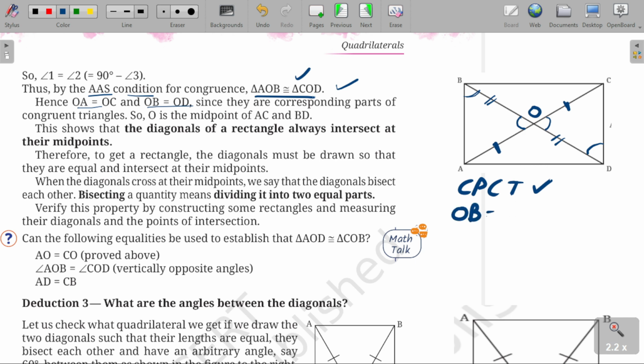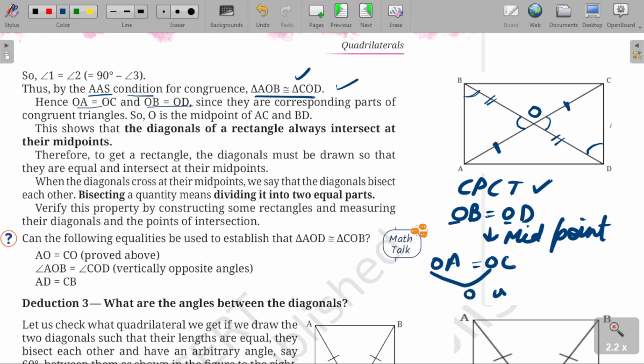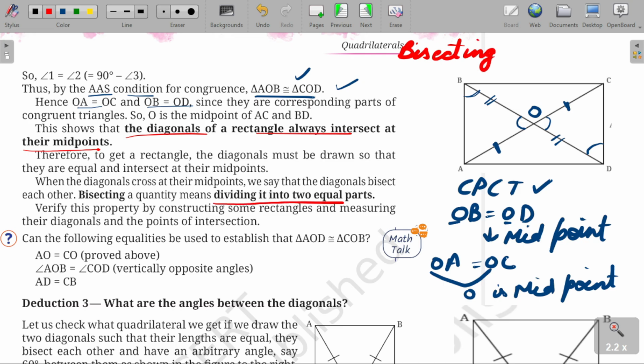See, OB is equal to OD, that means O is the midpoint. Okay, O is the midpoint. Similarly, if OA is equal to OC, again that means O is the midpoint. Now, what is this showing? This is showing that the diagonals of a rectangle always intersect at their midpoints. That means they bisect each other. Bisecting means dividing into two equal parts.